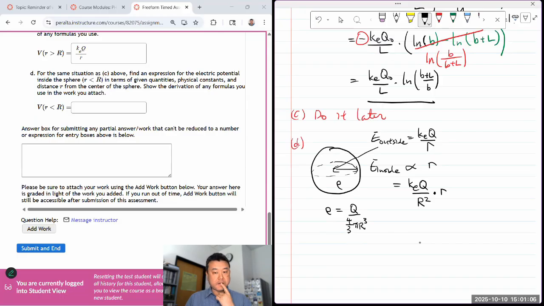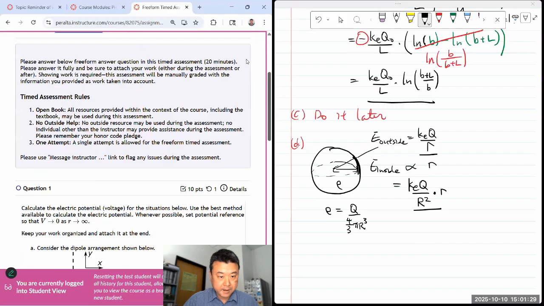Yeah. So I do think electric field would be continuous across the boundary. That's how I'm guessing. When small r is equal to capital R, right on the radius of the sphere, the formula from outside should match the formula from inside. So I'm pretty sure this is the correct formula when you go through Gauss's law and all that.